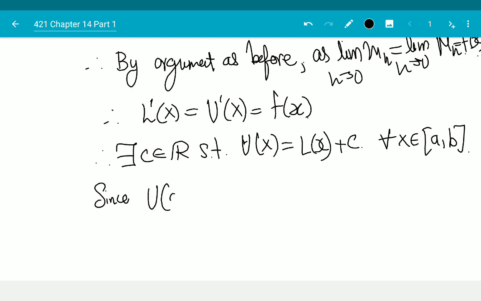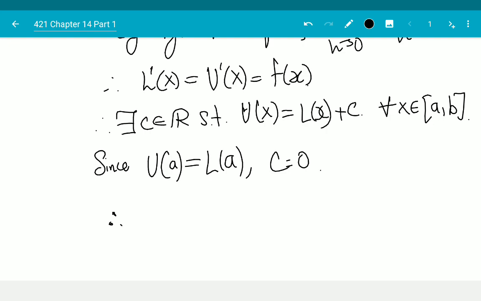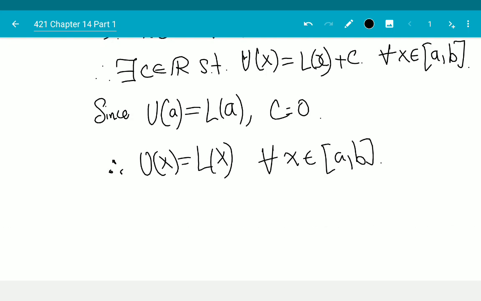Since U of a is equal to L of a, C is equal to 0. Therefore U of x is equal to L of x for every x in a to b. Because what is U of a? It is the integral from a to a, which is 0. What is L of a? It is the integral from a to a, which is 0. And therefore U of x is equal to L of x.